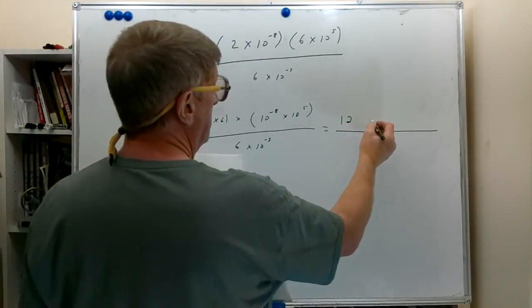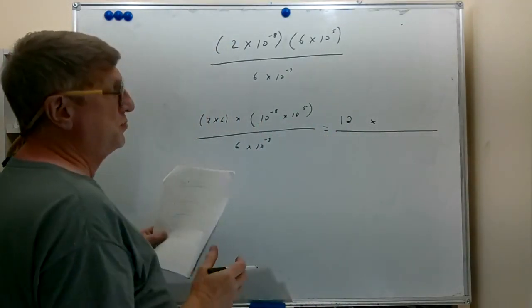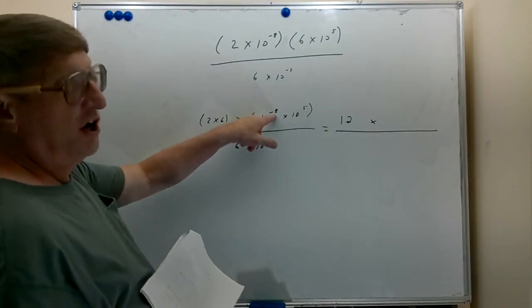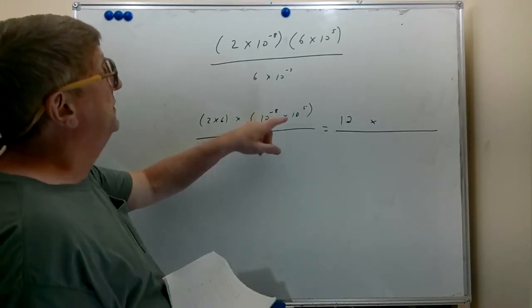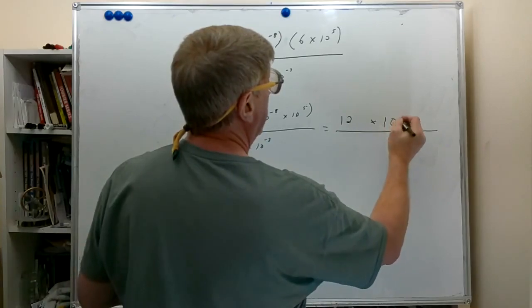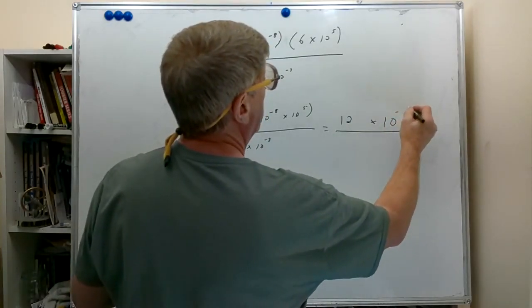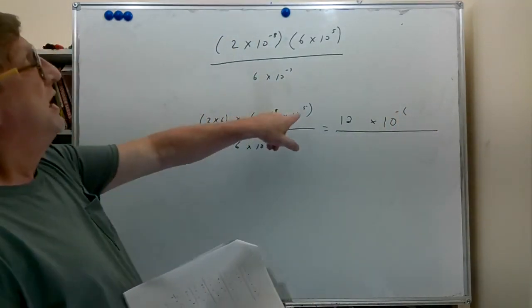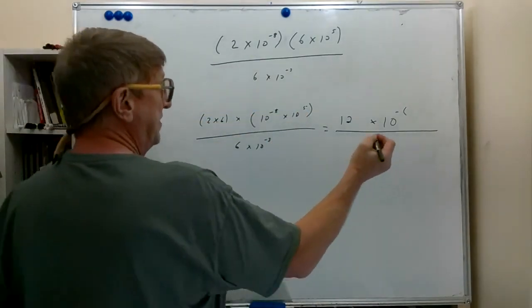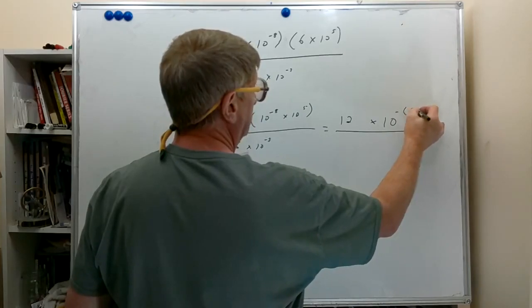And now that's going to be multiplied by what's in here. Well, remember the rule? Use the sign of the one with the largest magnitude. So we're going to have a negative sign, so it's going to be 10 to the, put parentheses, and then we're going to subtract these and find the difference. 8 minus 5 goes in the parentheses.